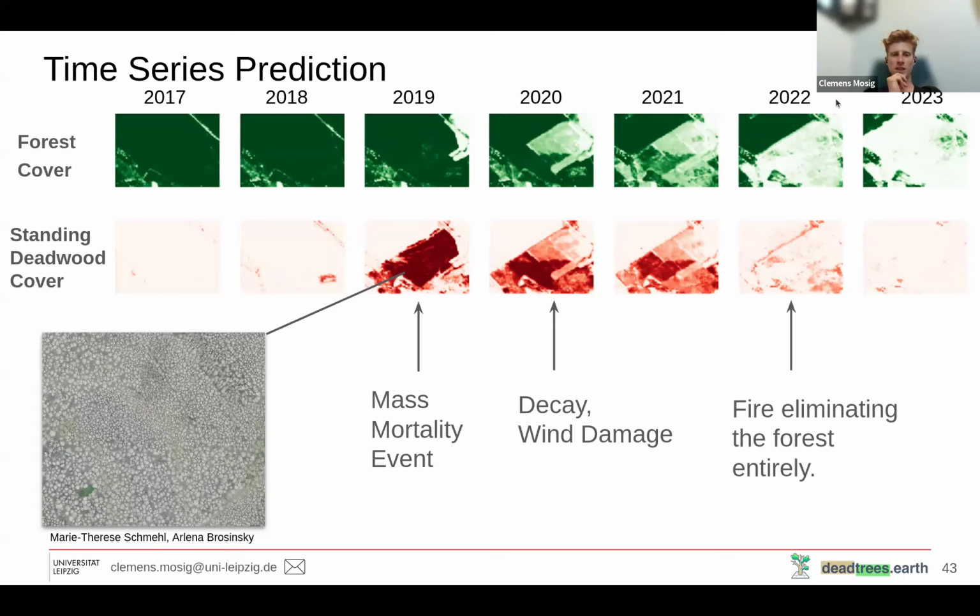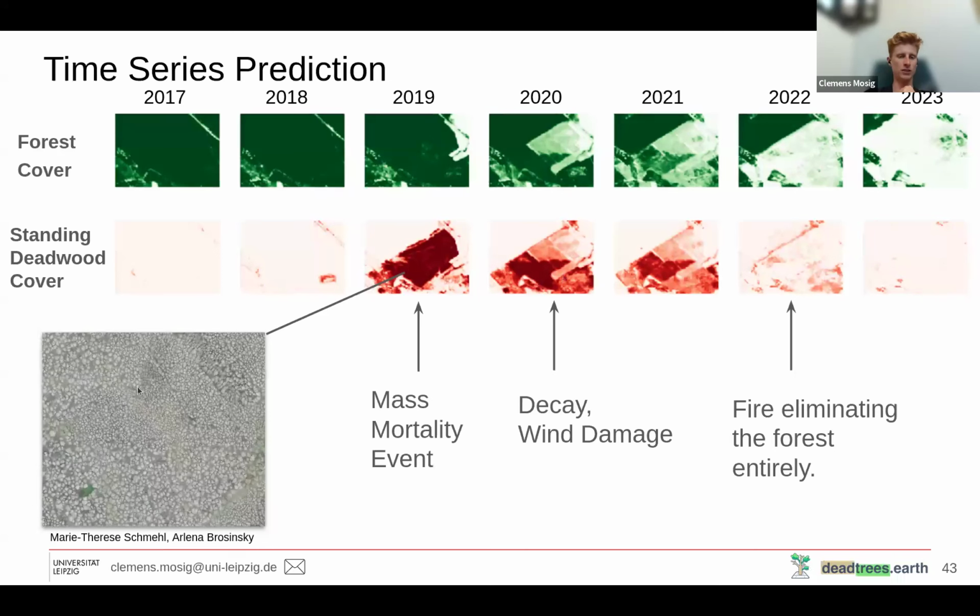So in 2019, after the 2018 drought, we have a huge mortality event. Down here is the deadwood cover time series, and at the top is the forest cover time series. Over the course of 2020 and 2021, you see some tree mortality decay.